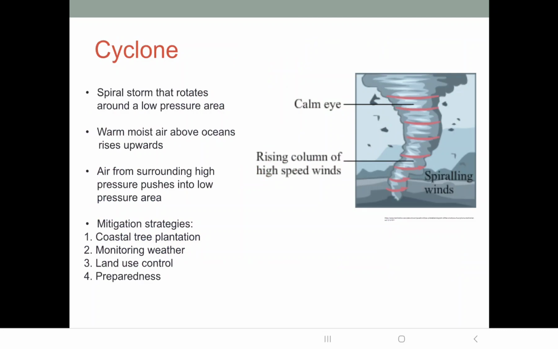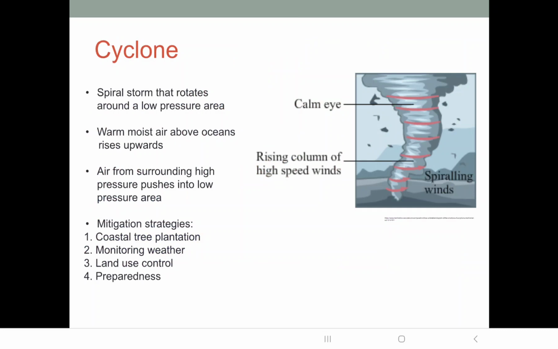Then cyclones. Cyclones are nothing but spinning storms that rotate around a low pressure center. So how is this low pressure created? See, warm moist air on the surface of the ocean rises upward.